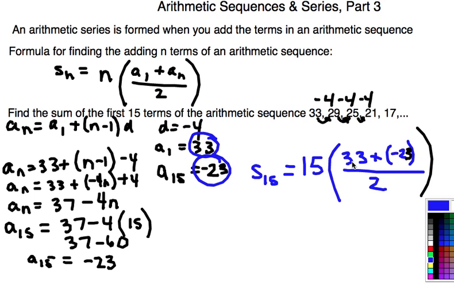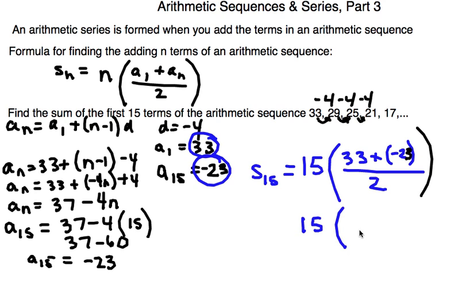Okay, so now we have 33 plus negative 23. Remember, we want to start with anything in parentheses if we're following the order of operations. So we have 15 times 33 plus negative 23 is 10 over 2.